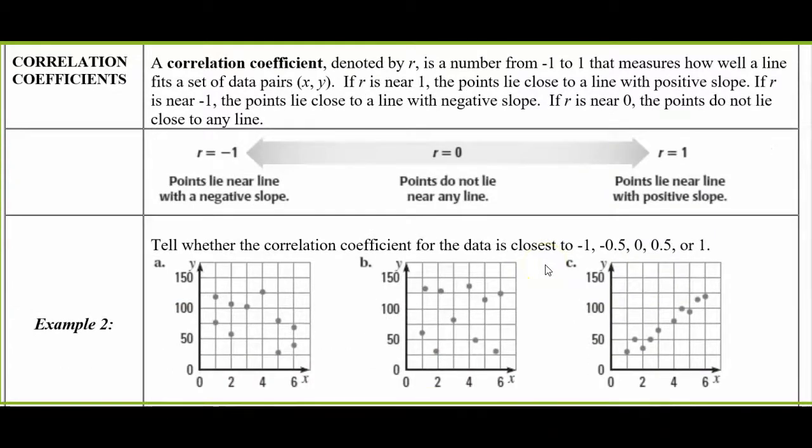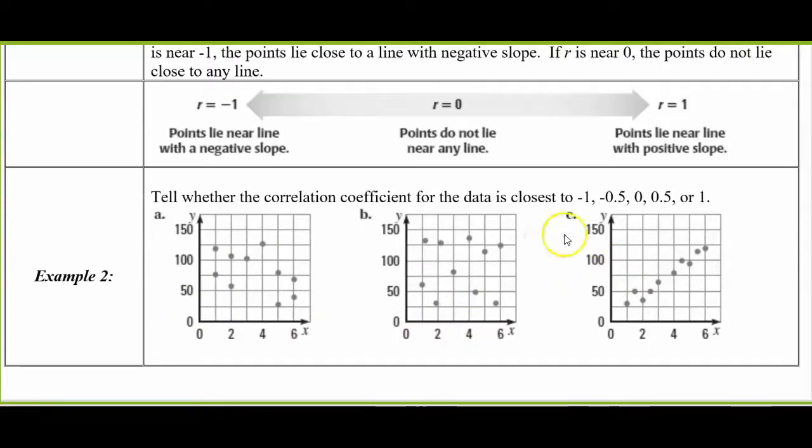On a calculator, the correlation is going to be a number between -1 and 1. So in that first example, if I look at that data, it asks me to pick a value from -1 to +1.